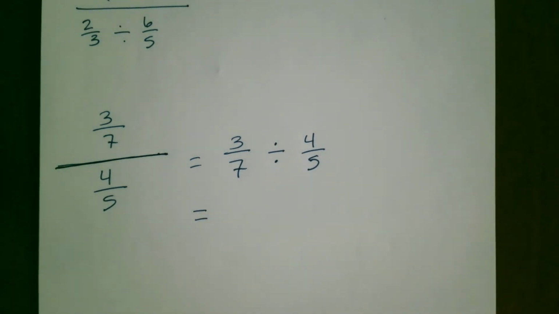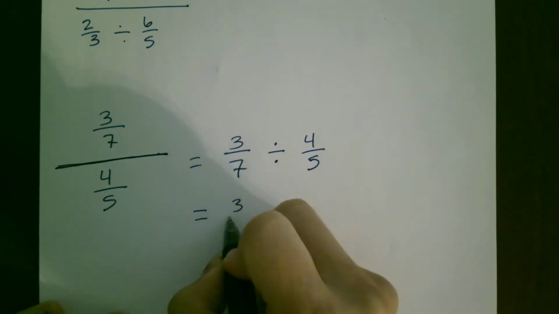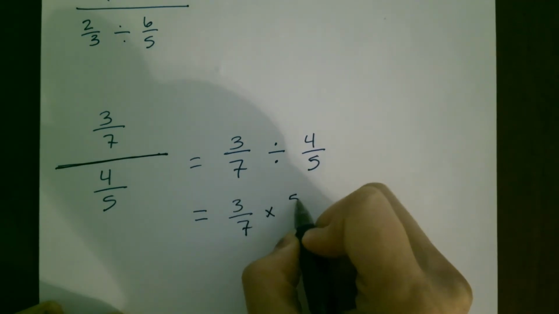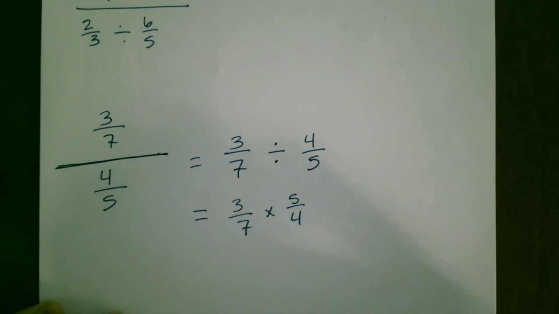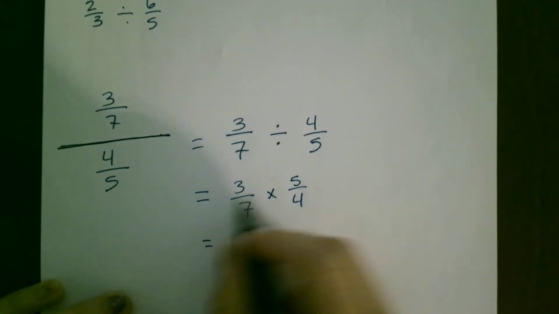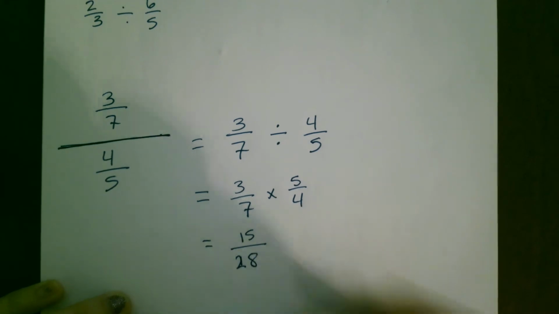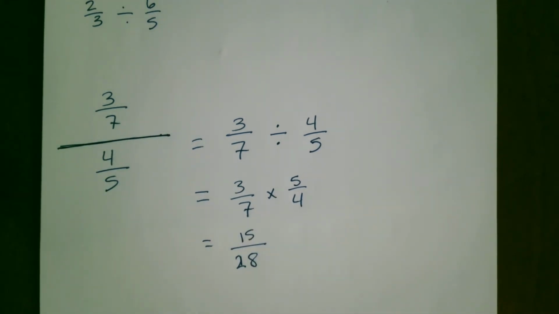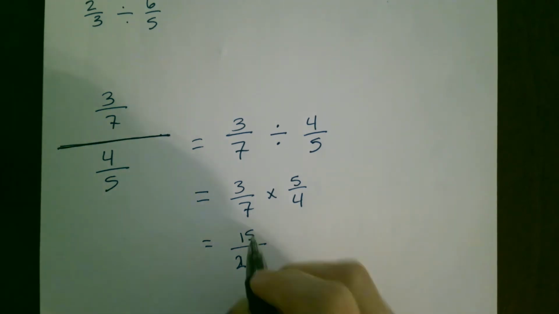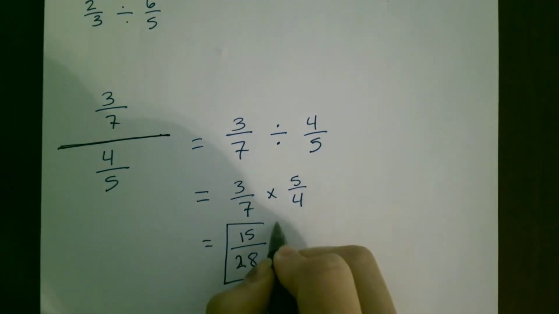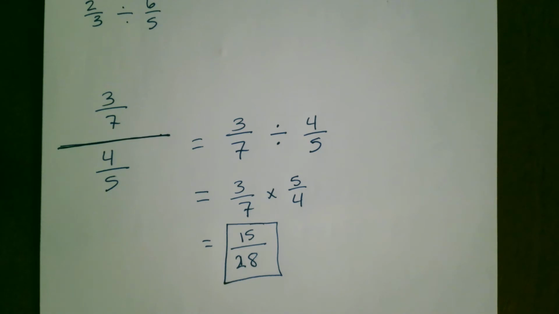So I have 3/7 times 5/4, and multiplying straight across, I get 15/28. 15 and 28 don't have a common factor, so this is a single fraction in simplest form. So there's how we handle a complex fraction.